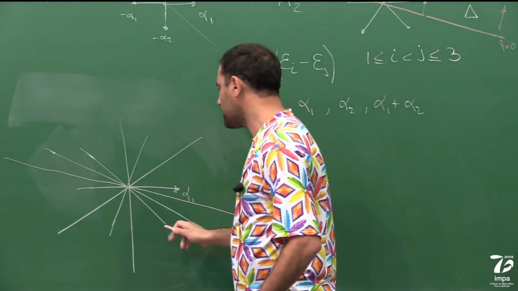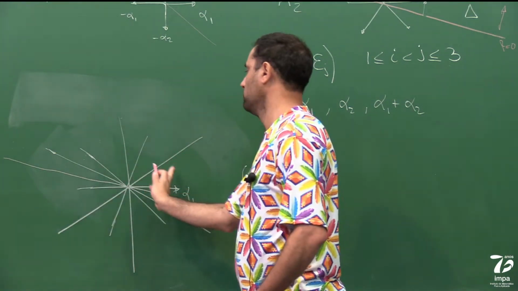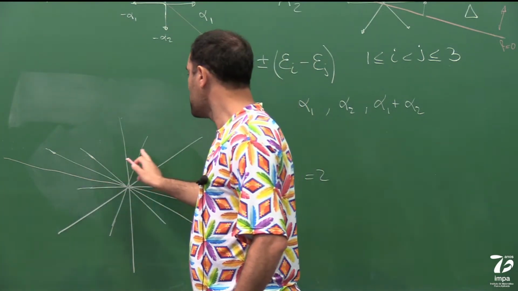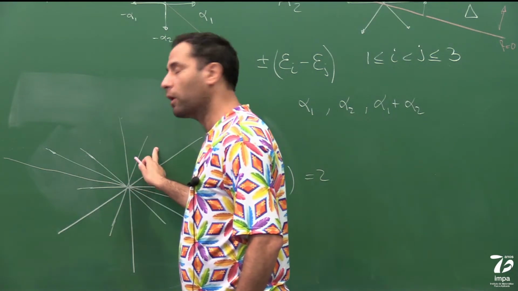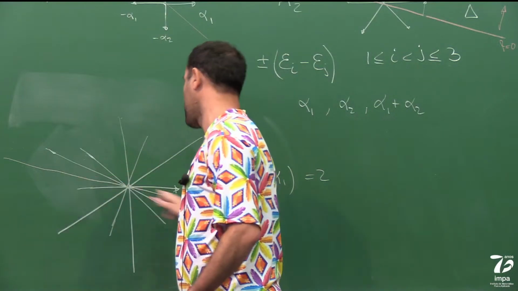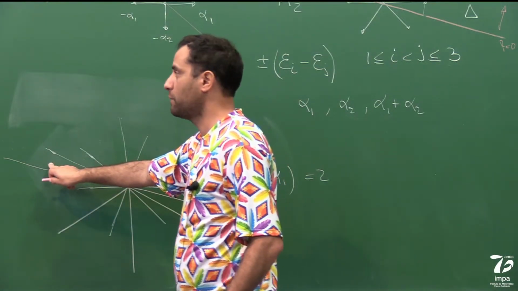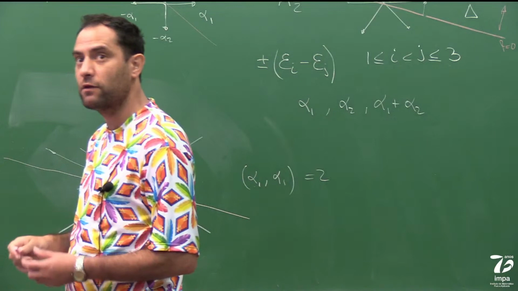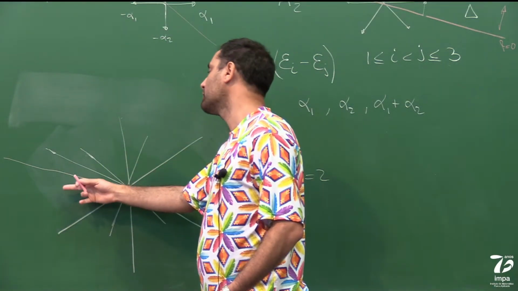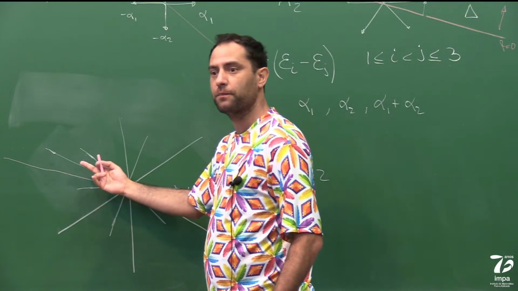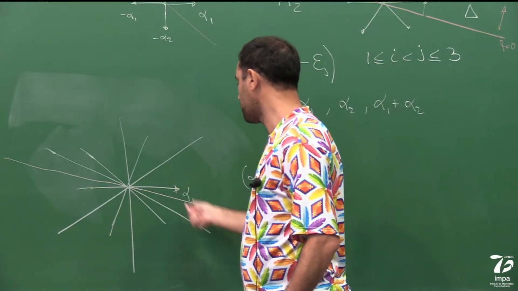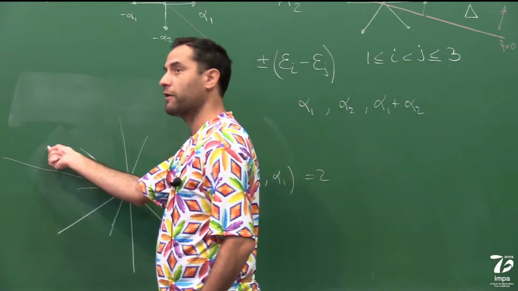What is clear is that between any 2 roots, if you go counterclockwise, for example, you have them alternating small roots with larger roots. So any line, which cannot pass through the roots, because the requirement was that this f was never 0 on a root, is going to have to break the angle between a small root and a bigger root. So any line is going to be something like this. It passes through a small root and a bigger root and a small root and a bigger root.